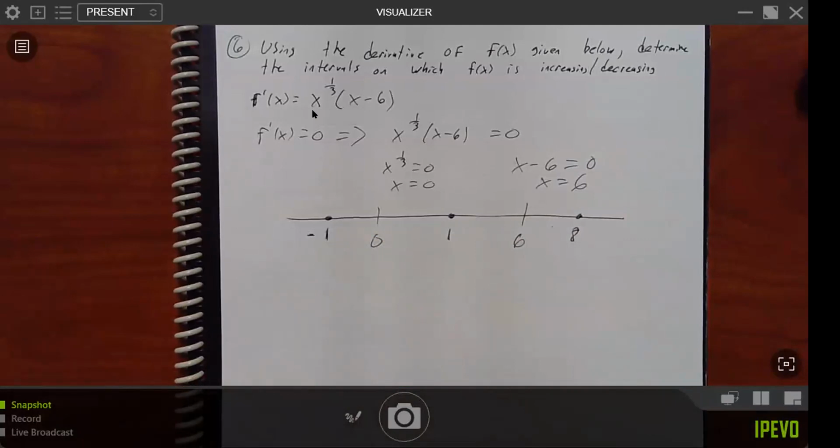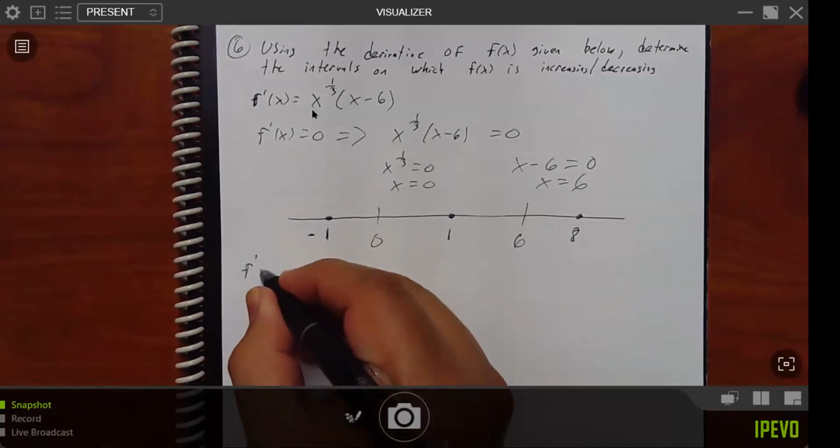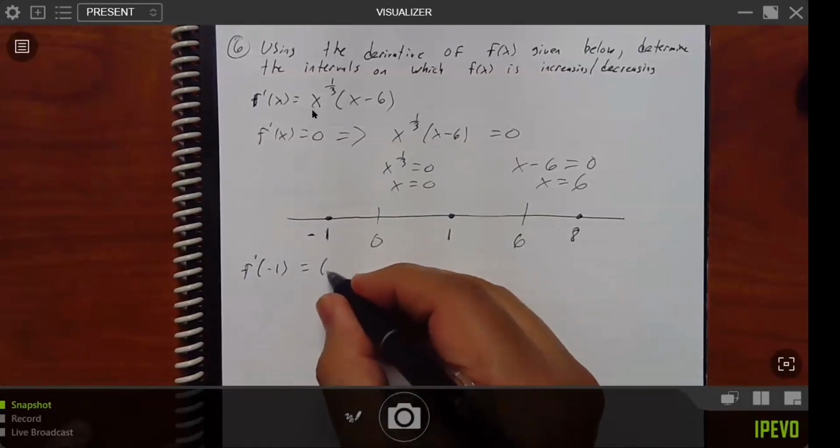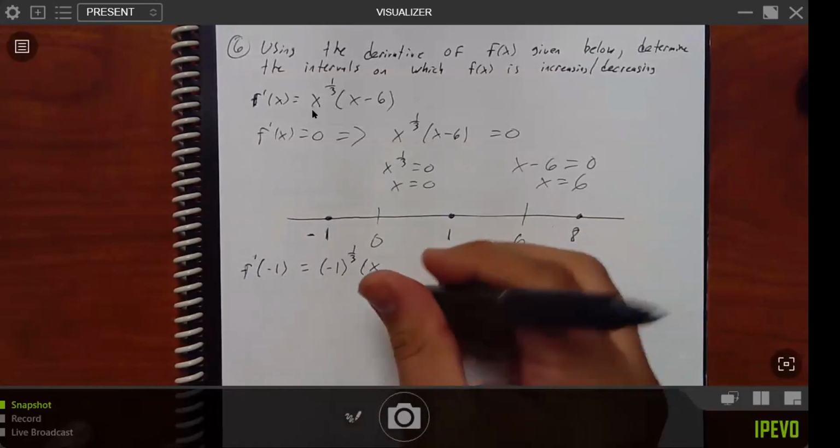Okay, 1 second. So here we go. Derivative at -1 will be -1 to the 1/3 times -1 minus 6.